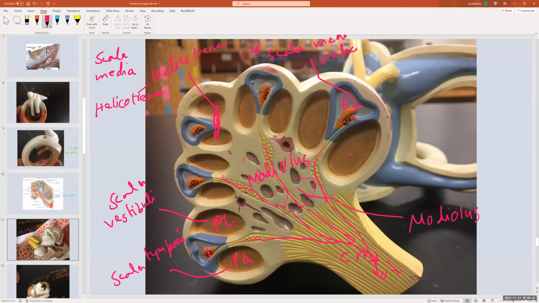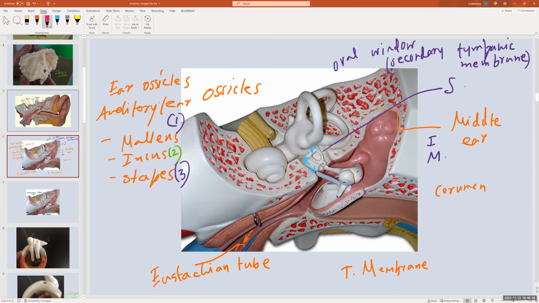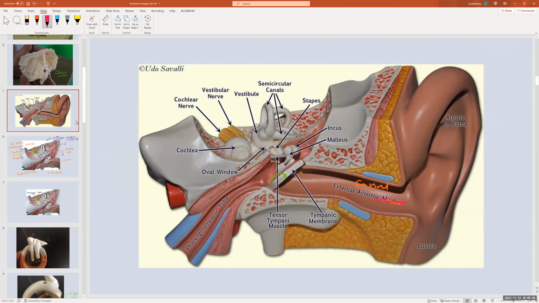The sound wave has passed through the external auditory canal, from here into here, vibration of the ear ossicles, vibration of the stapes, back and forth.